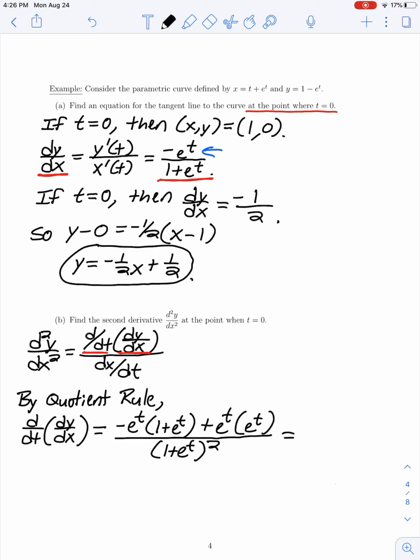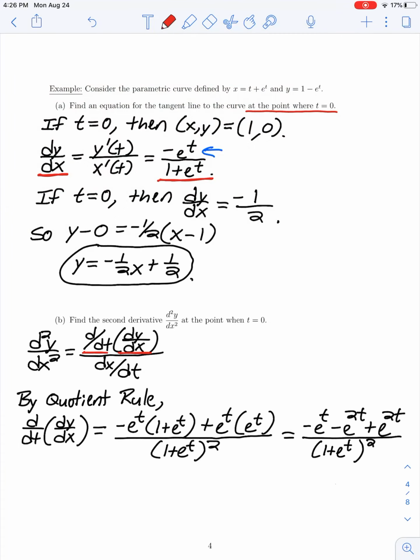So simplifying a little bit, let's see what we're left with. So we have a negative e to the t minus e to the t times e to the t, which is e to the 2t, and then plus e to the t times e to the t, which is e to the 2t, over 1 plus e to the t quantity squared.